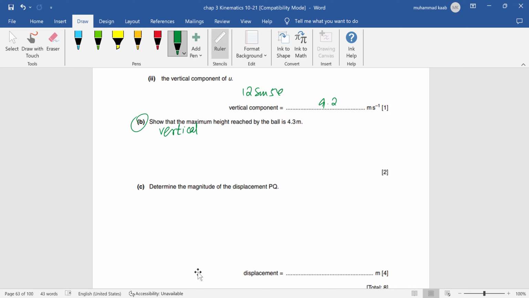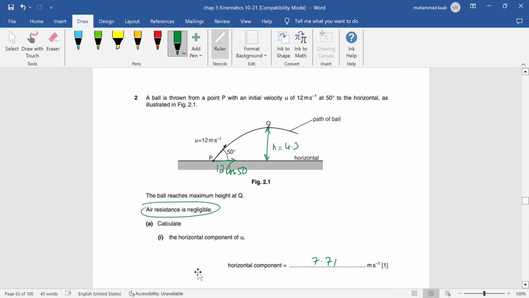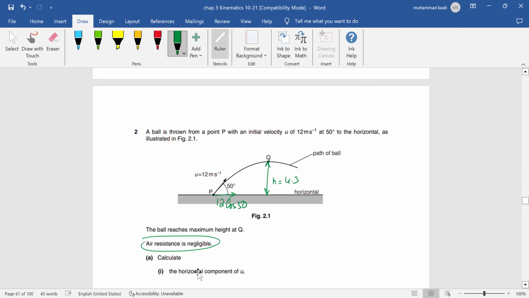For the equation of motion, we first have to find at least three quantities. The ball is moving up with the initial velocity of 12 sine 50, which we calculated as 9.2. At maximum height, what will be the velocity? Zero, perfect.